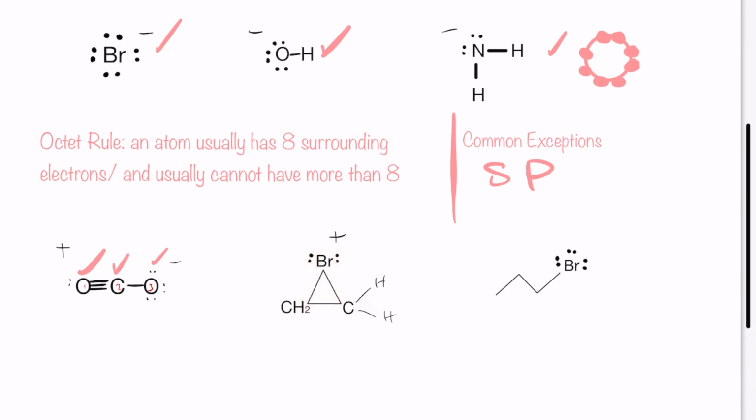And this bromine element, as funky as it looks, is good to go. For this last example, we have bromine here. And remember, we said that each bond consists of 2 electrons, and therefore there are 6 additional electrons from the lone pairs for a total of 8 surrounding electrons. And therefore, this bromine atom is good to go.